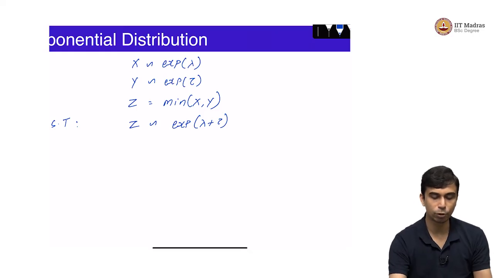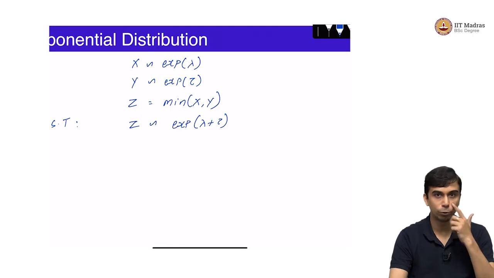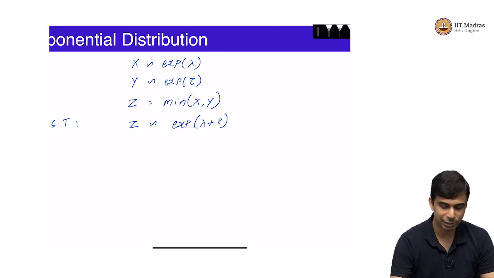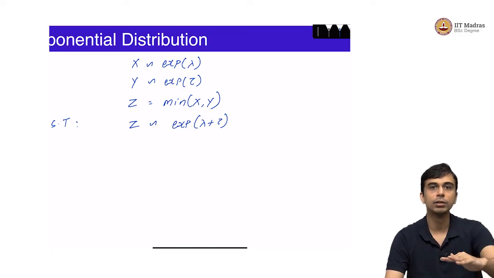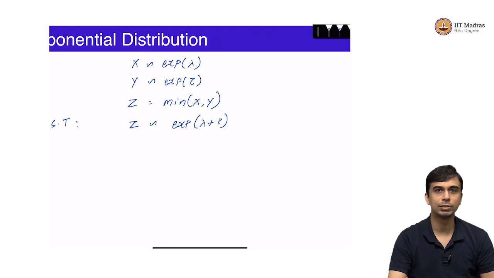If you have 2 components and even if one of them fails you have to junk the entire thing, then Z would essentially correspond to the failure time of the laptop as a whole. Whenever the first of these 2 things fails, the entire thing fails.